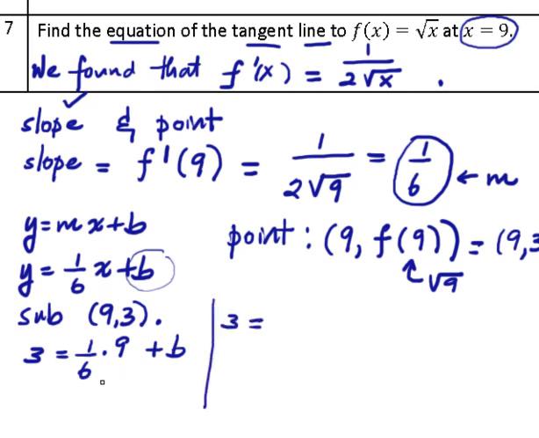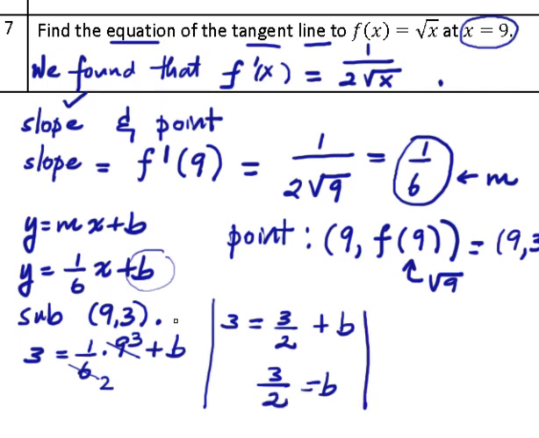Or 3 is equal to 3/2 plus b. Subtract 3/2 from both sides and we get b is equal to 3/2. So now we have the equation of our tangent line, and our tangent line is y is equal to 1/6 x plus 3/2.